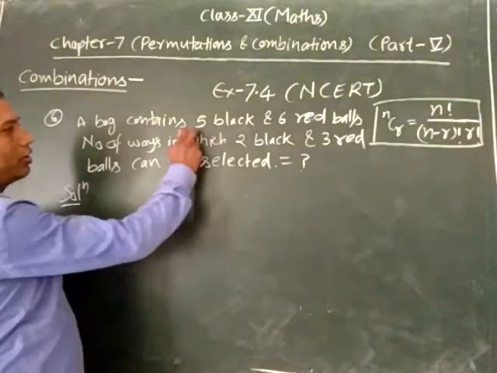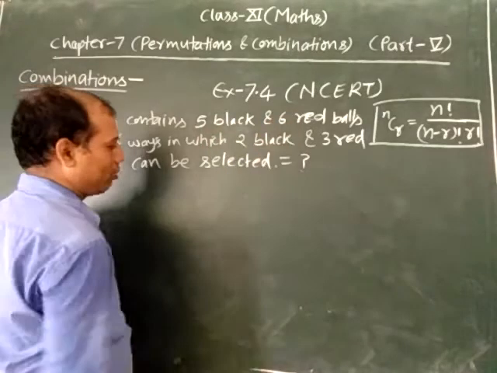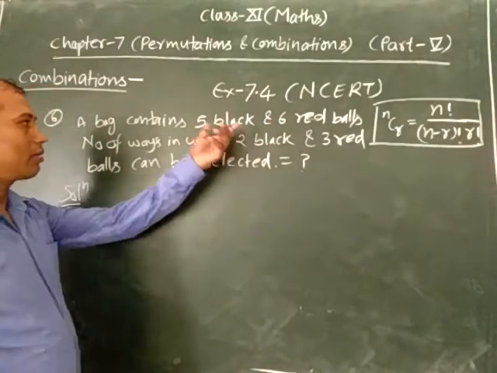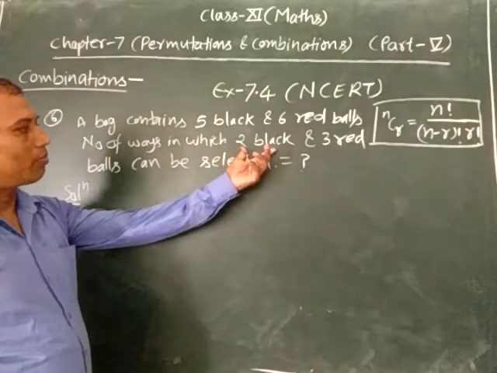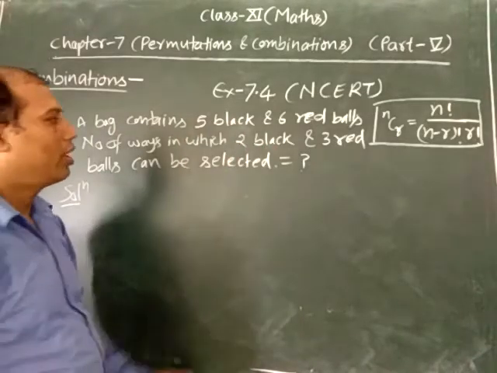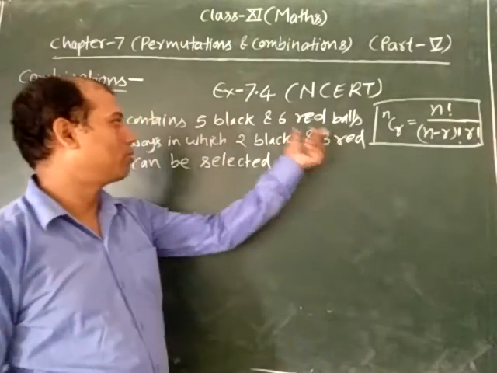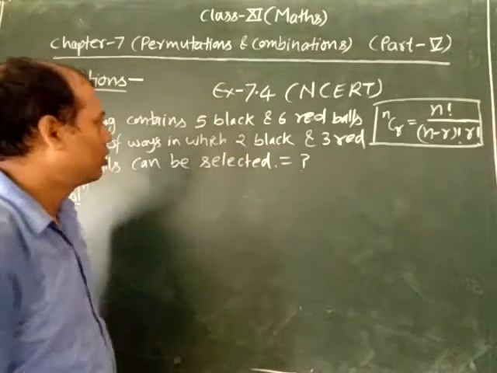Now there are 5 black and 6 red balls. How many black balls are there? 5 black balls, and we have to select 2 black balls out of 5 black balls, and we have to select 3 red balls from 6 red balls.